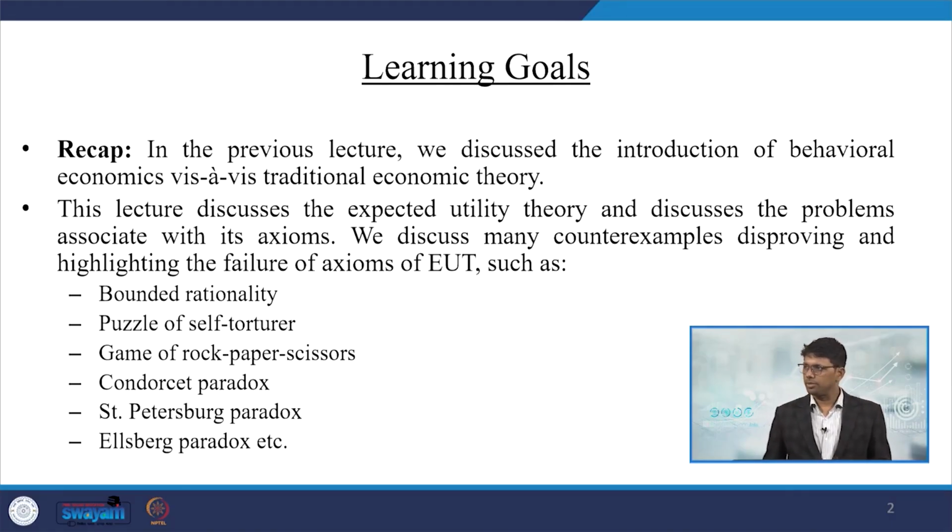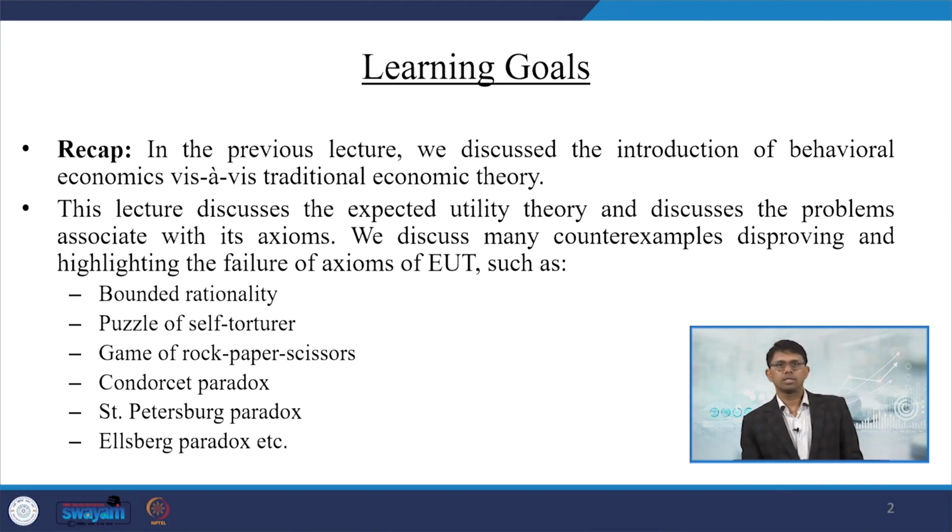The expected utility which we calculate may not be valid in a realistic context, or through the assumptions those calculations may not be valid. So, in this lecture we will be focusing on expected utility theory, and we will discuss the problems associated with its axioms, and then only we will connect it to behavioral economics.